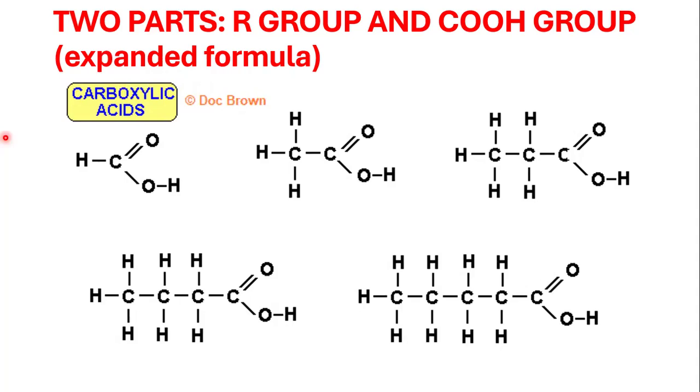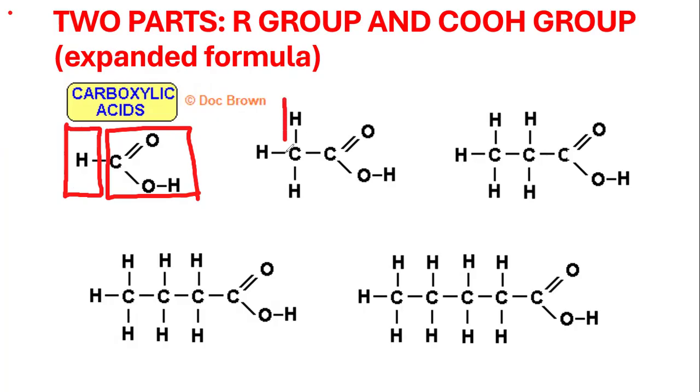If you look carefully here, this is definitely the carboxyl group, COOH. And this right here, what is this? This is the R group. The R group here only has the hydrogen.